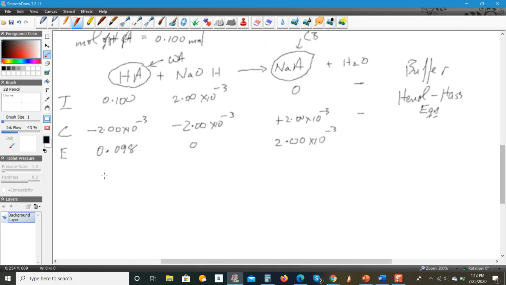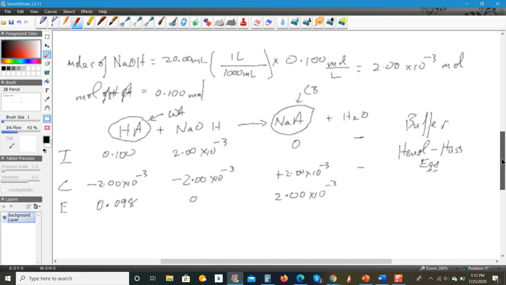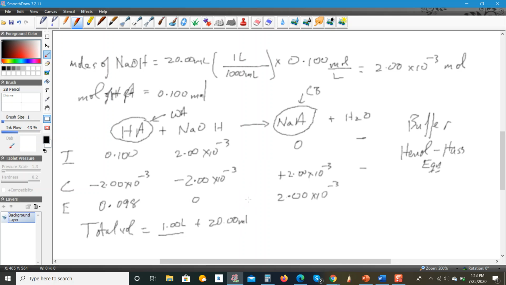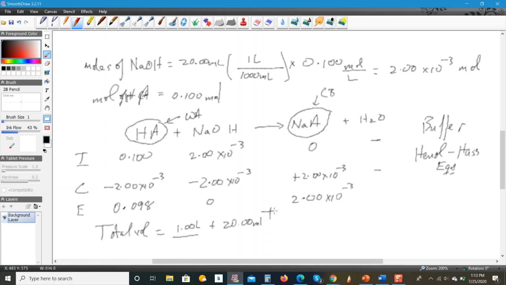But before we can do that, we need to find the concentrations of both the HA and the NaA, which means that we need the total volume. What's the total volume? Okay, let me do that down here. Total volume is equal to 1.00 liters, which will be the volume of the weak acid, plus the volume of the sodium hydroxide, which is 20.00 mils, which we have to convert to liters.